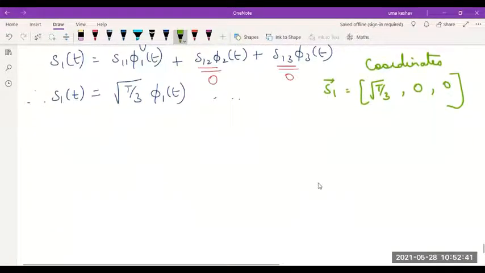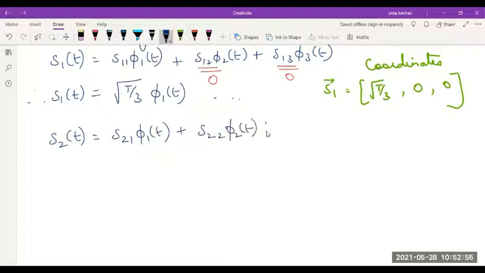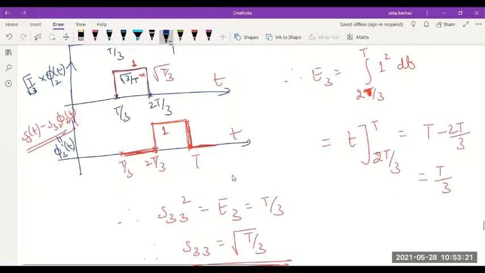Correct? Similarly, let me write the equation for S2 of t. S2 of t will be defined as S21 phi 1 plus S22 phi 2 plus S23 phi 3. Again, if you remember, this S23 is not existent. We consider only the first two terms and we consider the others as 0. Even when we use the Gram-Schmidt procedure, that's how we did. So all we have to do is list what is S21 and S22. I think we got S21 as 0, right?